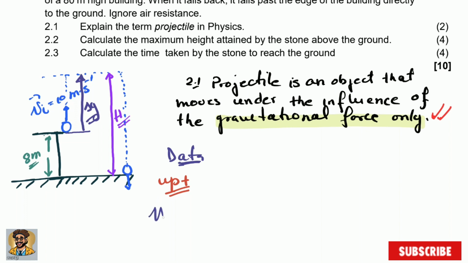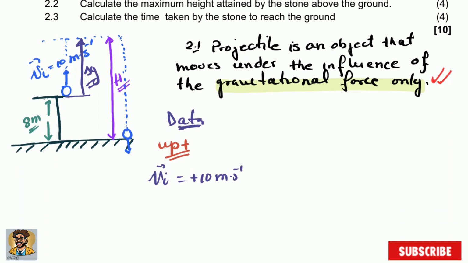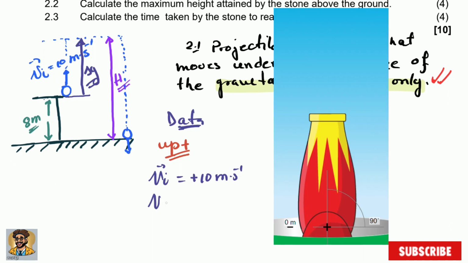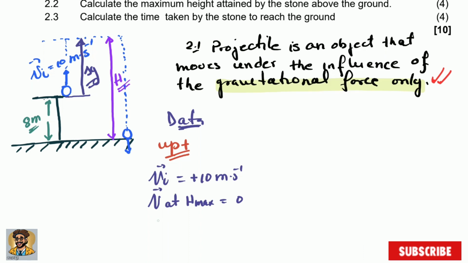The initial velocity is equal to positive 10 meters per second because it is up. What other data do we have? The velocity at maximum height is equal to 0. You need to know that the velocity of a projectile at the maximum height is going to be equal to 0.